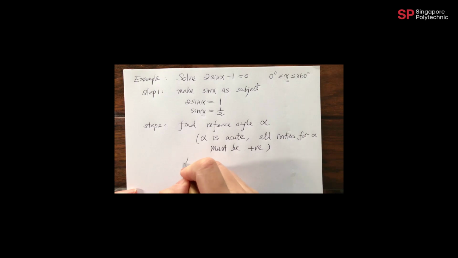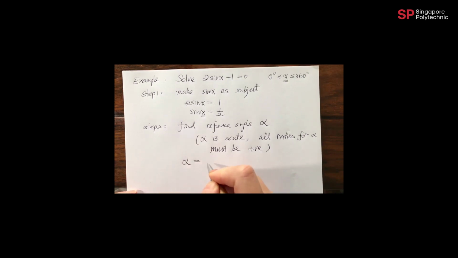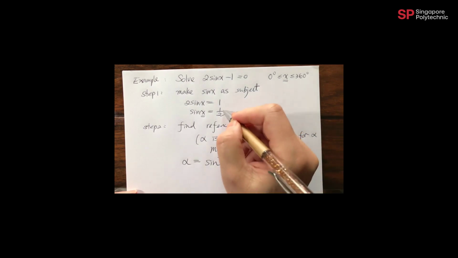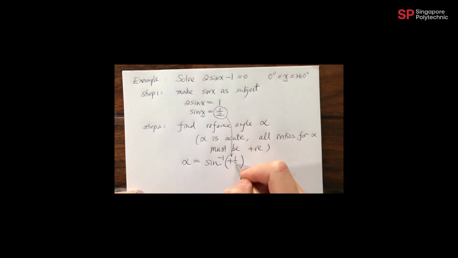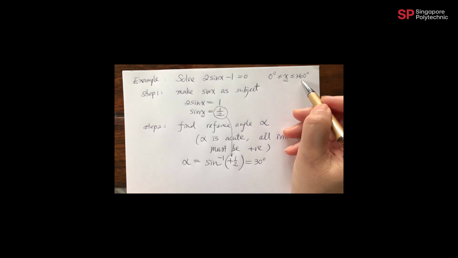That means if I want to find alpha, I will write it out as sine inverse, and in this bracket, I will substitute the ratio, but it must be positive half. By pressing our calculator, it will give us an answer of 30 degrees. Of course, make sure that your calculator angle measurement mode is in degree mode to match with this given range.